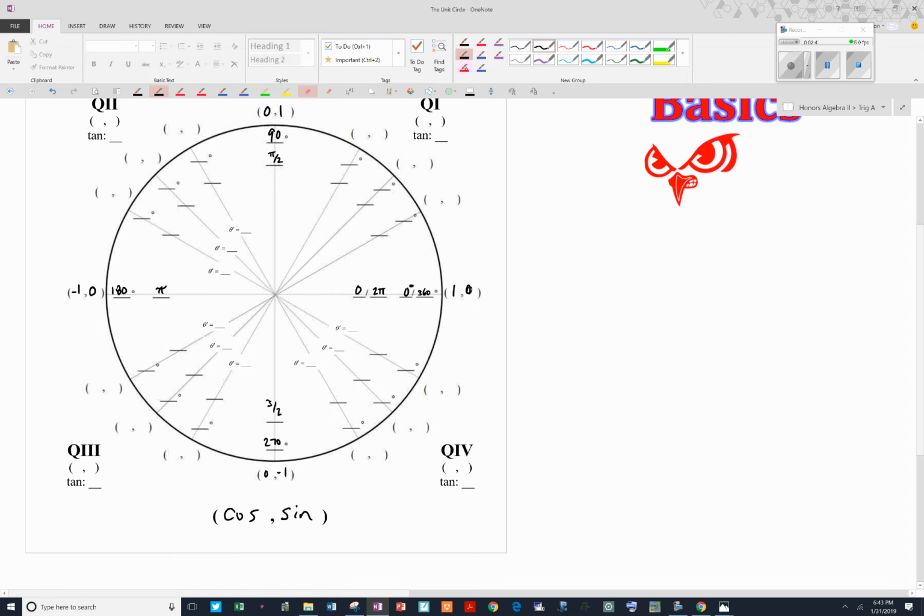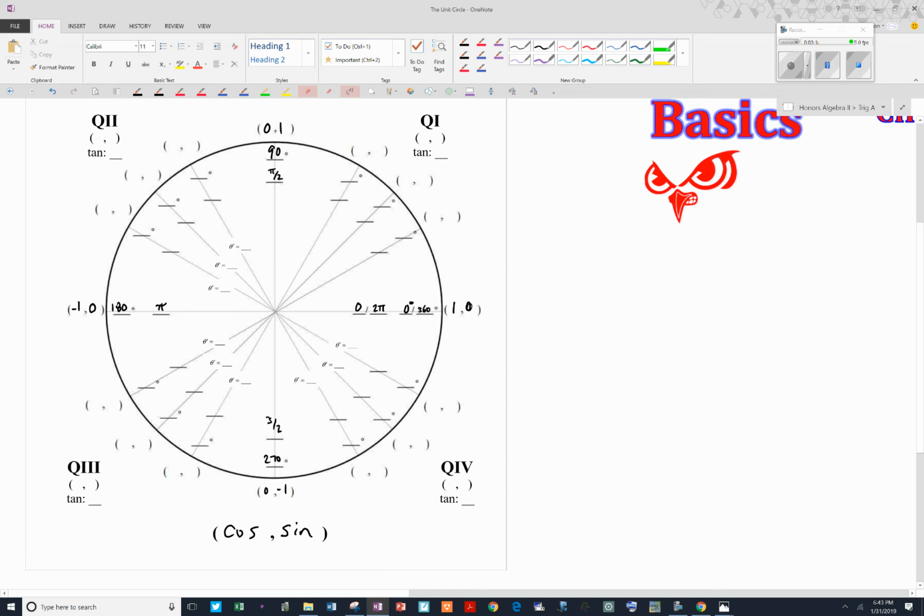So in other words, when we put this 1 right here, for example, what that means is the cosine of 0 degrees, or we could say 0 radians, is actually equal to 1. And the sine of 0 degrees is equal to 0. Okay, so it gives us these cosine and sine values of the quadrantal angles.